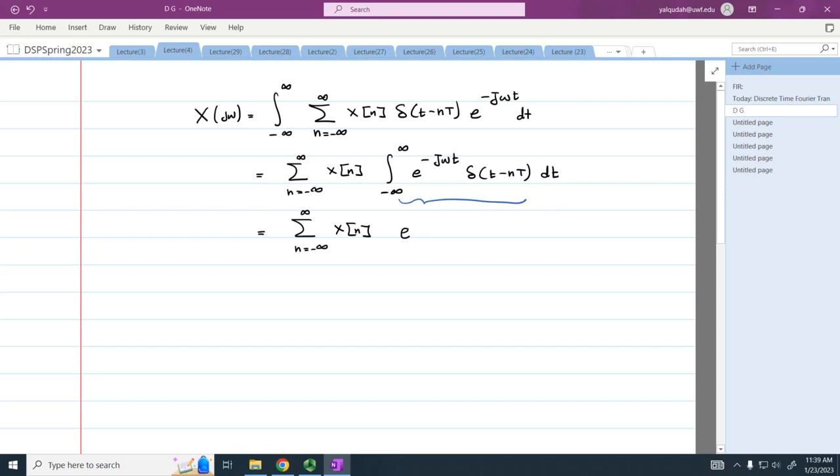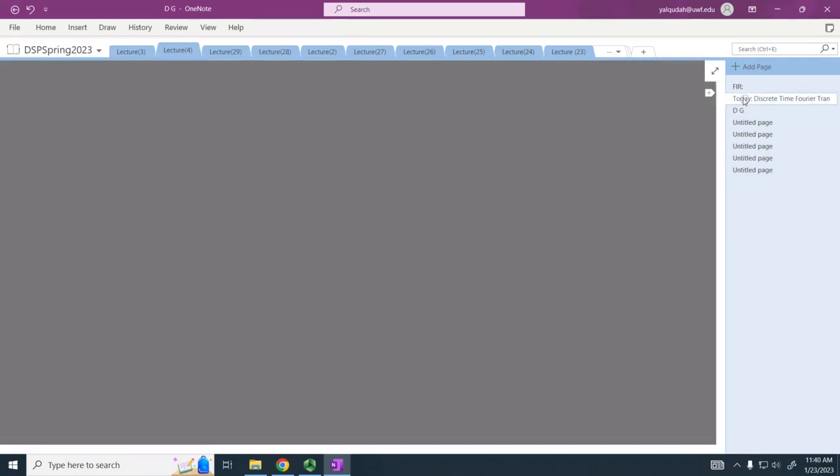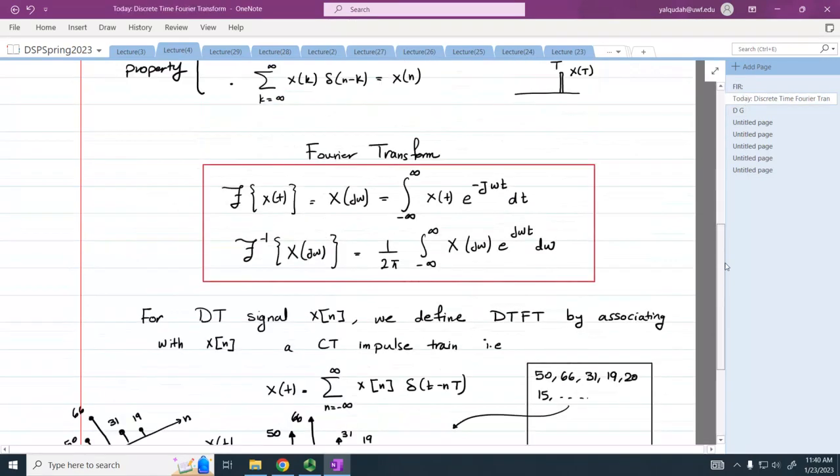It's going to be whatever this function is at nT. Remember, it's the shifting property. There's one. Whatever this function, evaluated at n multiplied by T, multiplied by 1. Make sense? So this is going to equal e to negative j omega multiplied by n multiplied by T. Again, this comes directly from here.